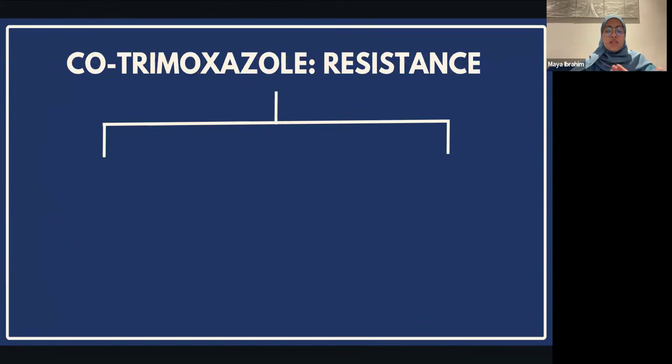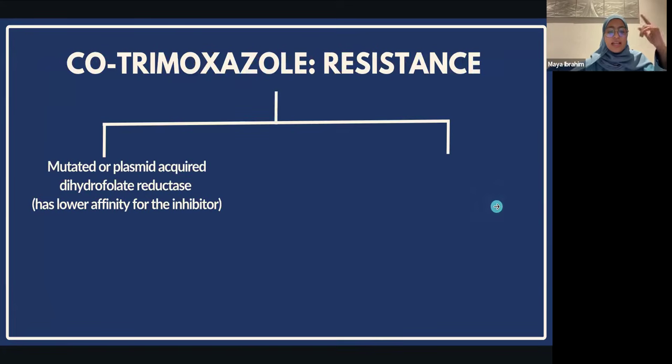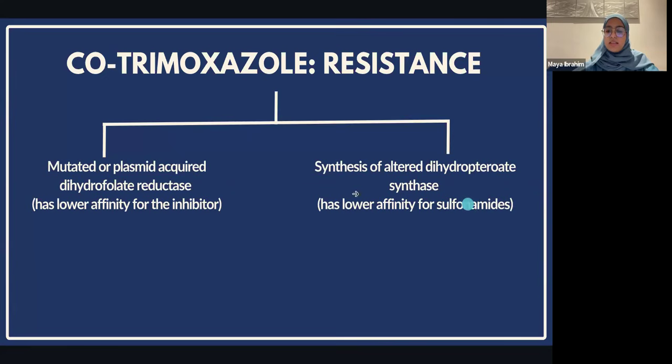Now, how does resistance come about? How do the bacteria learn to be resistant to this? It could either mutate the dihydrofolate reductase or acquire a mutated version from a plasmid, which would then interfere with the drug inhibiting this. And then there is synthesis of altered dihydropteroate synthase, which sulfonamides can't bind to, or have a lower affinity for.